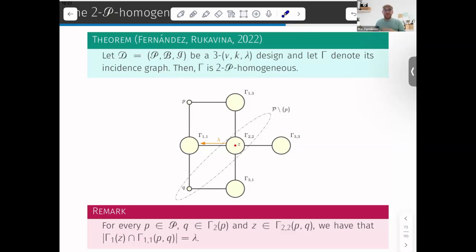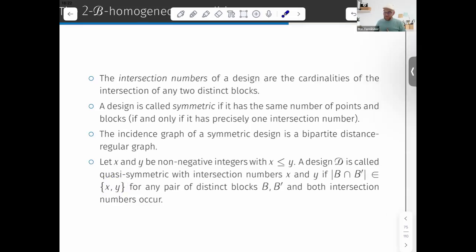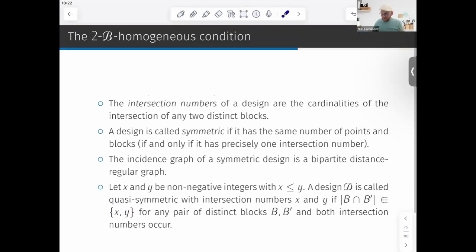But now if we ask for some nice property on the set of blocks, namely that the block intersection numbers are such that one of them is 0, we will have a quasi-symmetric design.